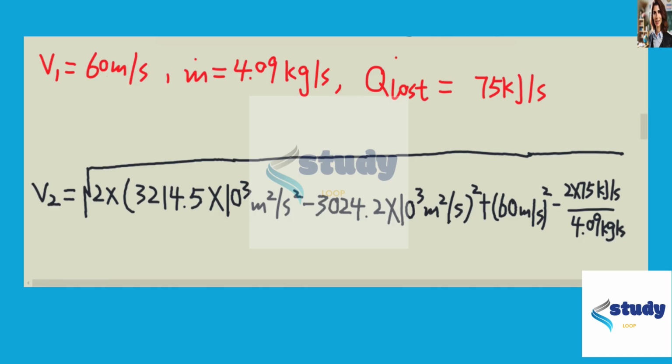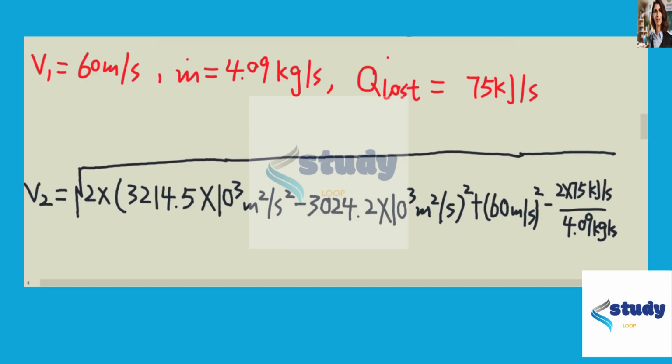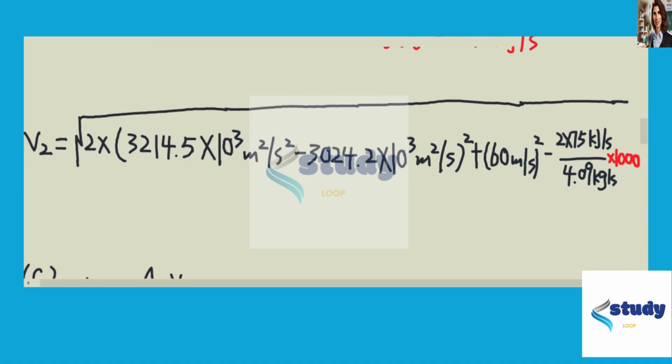And remember, we need to convert the kilojoule per kilogram here into meter square per second square. So therefore, we need to multiply by 1,000 here. And the unit is meter square per second square.